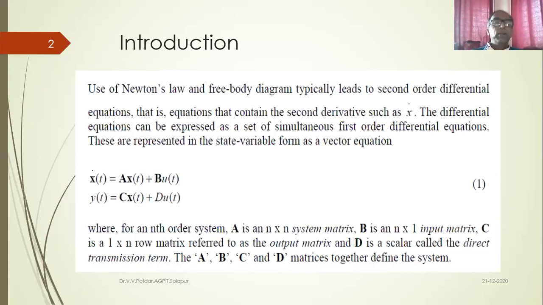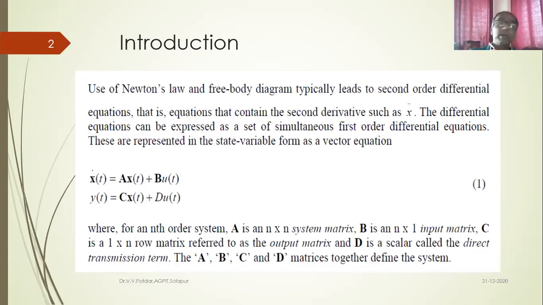Okay, so u is my input function, y is my output function, and x is my state variable, remember. And the second equation, y of t, the output, is a function of time, is equal to C x of t plus D u of t. So I can convert those second order differential equations into these two sets of equations.